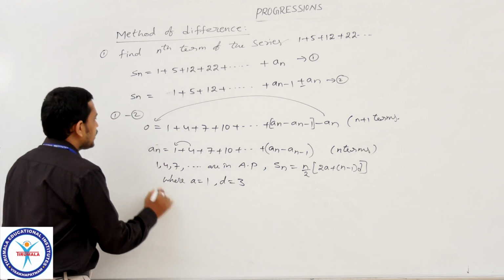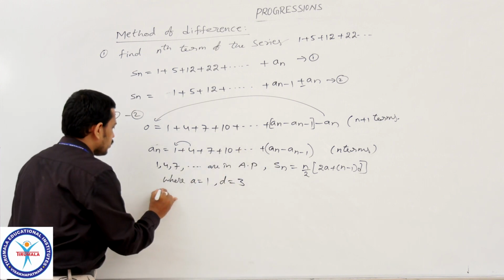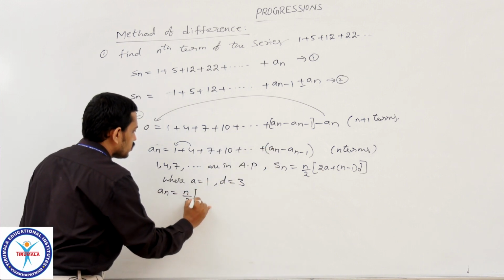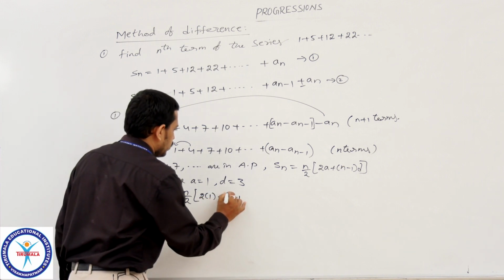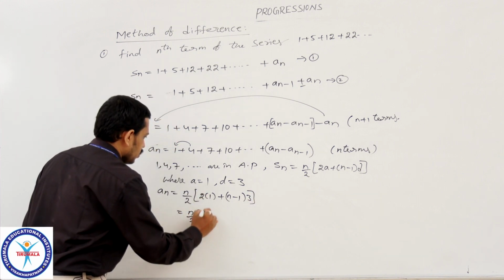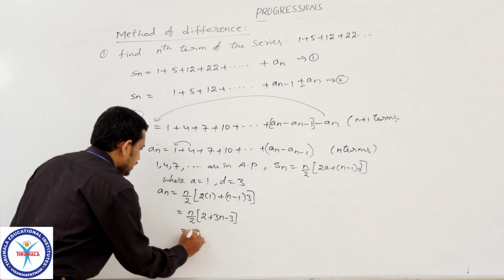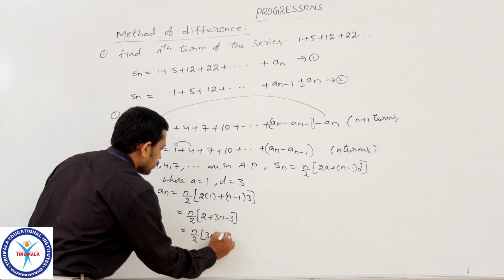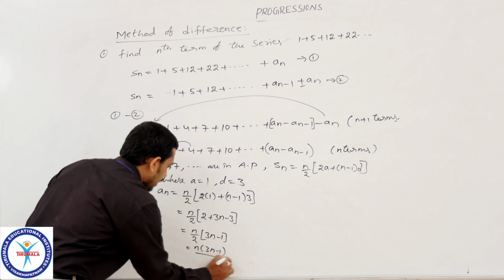Therefore, An is equal to the sum of all these values, is equal to n by 2 into 2a1 plus n minus 1 into d, which is equal to n by 2 into 2 plus 3n minus 3. This is equal to n by 2 into 3n minus 1. So, therefore, n into 3n minus 1 by 2.